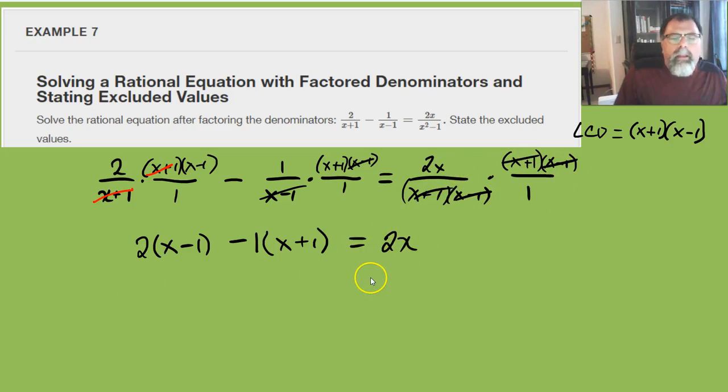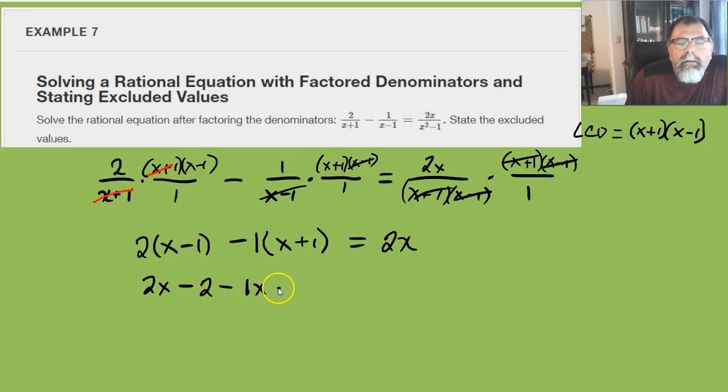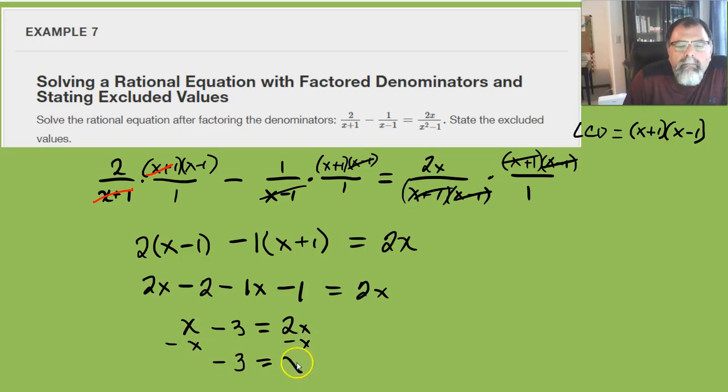Okay, and again, I got a linear equation, so we're going to simplify it. Distribute that 2. Distribute the negative 1. Okay, 2x minus 1x is x, or 1x. Negative 2 minus 1 is negative 3. Get all my x terms on one side. 2x minus 1x is x, or 1x.